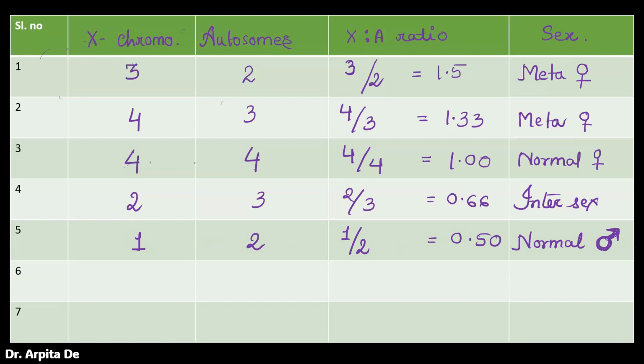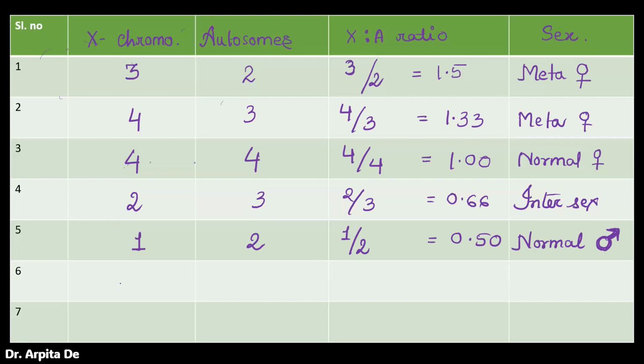Anything greater than 1 in females will result in a meta female, and anything greater than 0.5 will result in an intersex organism, an intersex Drosophila fly.